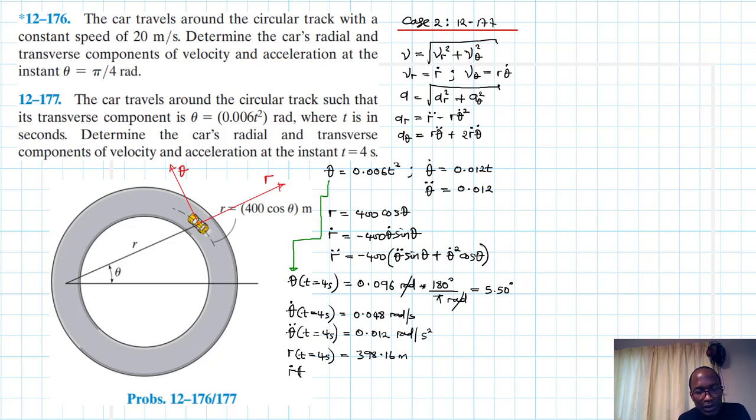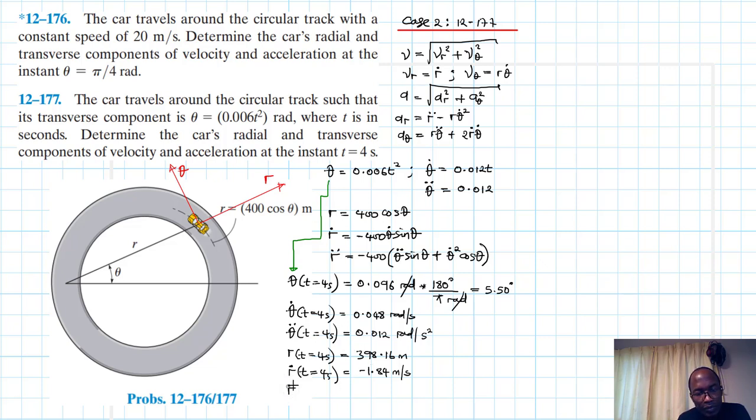So at t equal to 4 seconds, we have a minus 1.84 meters per second, right? Let me check it again. Minus 400 by 0.048 by sine 5.5. All right, minus 0.84.